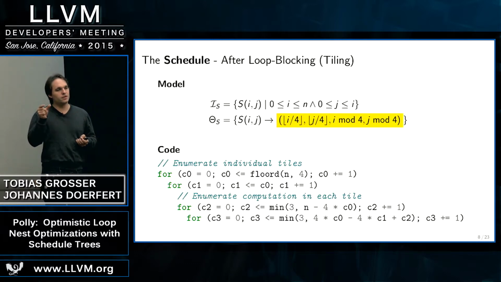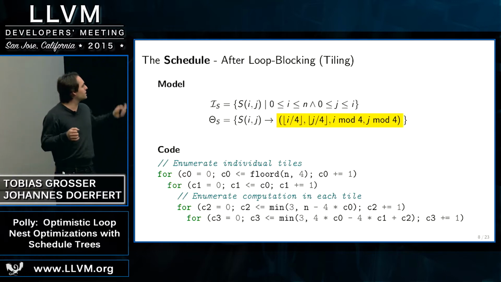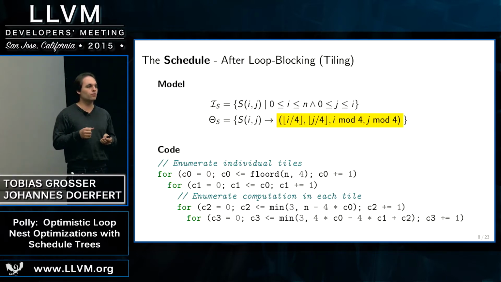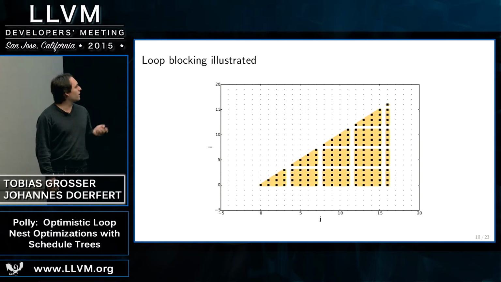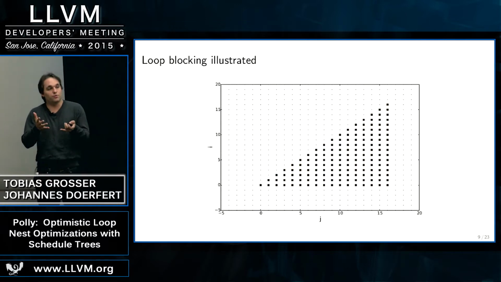The outer 2 dimensions enumerate different blocks of iterations, and the inner 2 dimensions enumerate the elements within the individual blocks. You already see the code gets a little bit more complicated. I never really worry about the complication of the code because it's done automatically. But for people who don't understand the code, that's how it looks. You just have a 2-dimensional triangular loop nest, and that's how you group it in blocks.